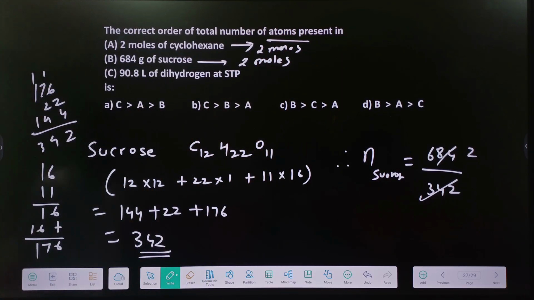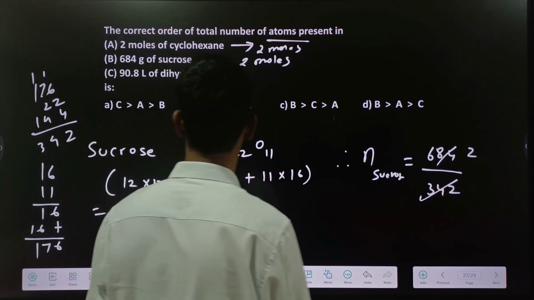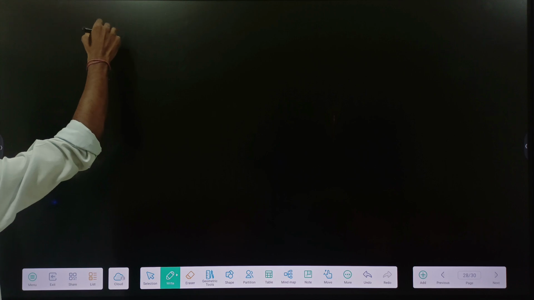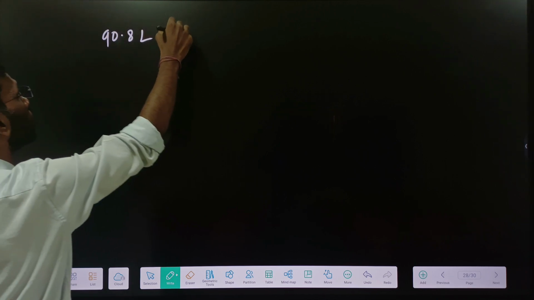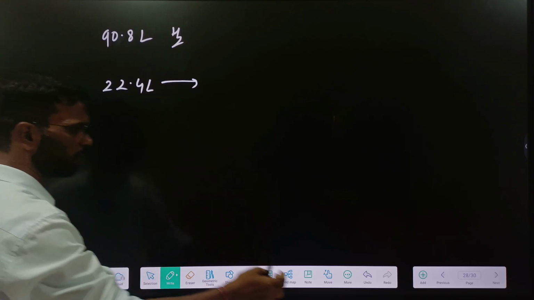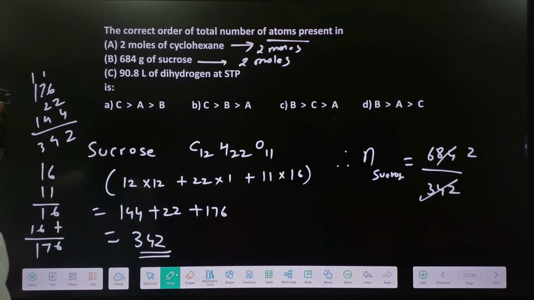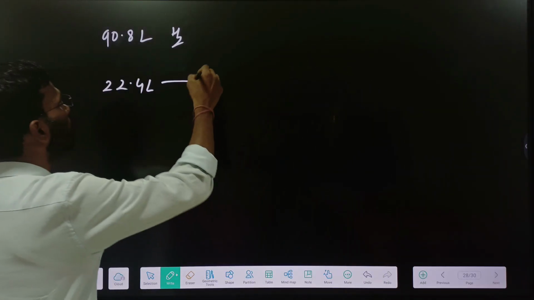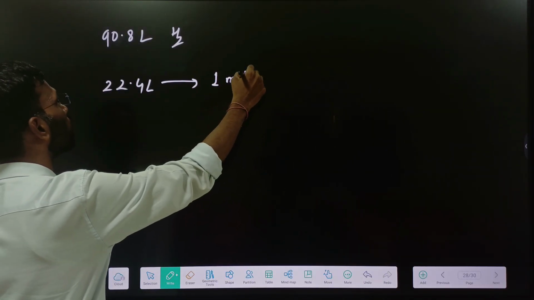Okay, 90.8 liter of dihydrogen, H2. We know that 22.4 liter at STP. Is it mentioned at STP? Yes, it is mentioned at STP. So 22.4 liter will be 1 mole.